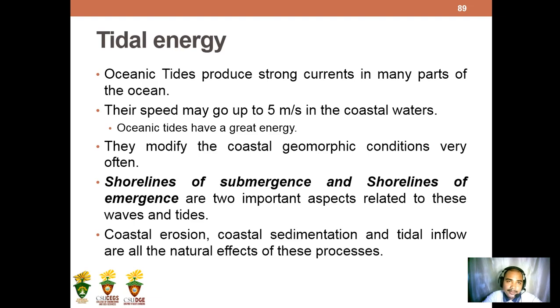So when tides advance, the formation of the land or the shorelines changes. Usually you can notice that the land area near the coast retreats or advances because of changes made by tides.